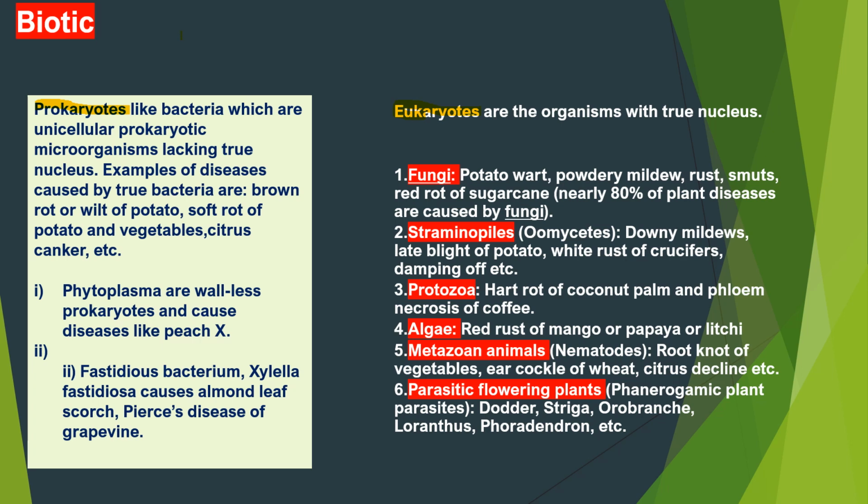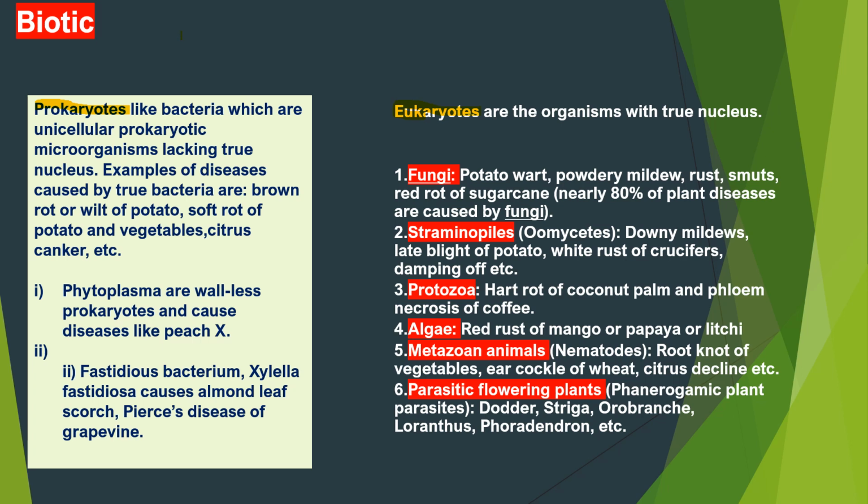Then eukaryotic pathogens. Eukaryotic pathogens are fungi, straminipiles, protozoa, algae, metazoan animals, and parasitic flowering plants. Nearly 80% of plant diseases are caused by fungi, and some fungi, like Alternaria species, infect a wide variety of plants.